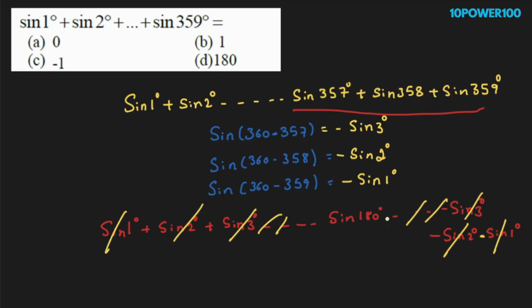Continuing like this, finally we end up with only one term left, sine 180 degree. Do you all know what is sine 180 degree? Once again, your favorite value, 0. So option A, 0, is the answer.